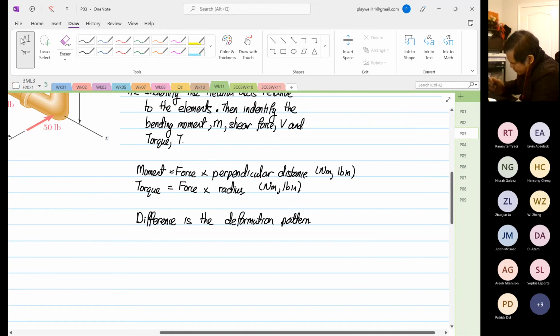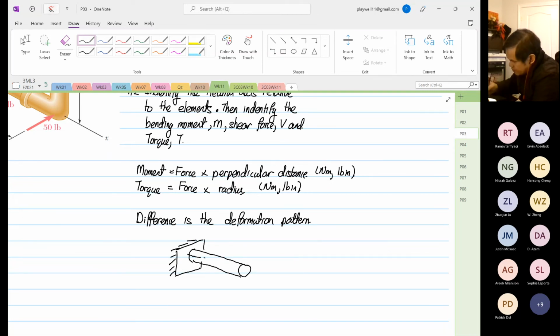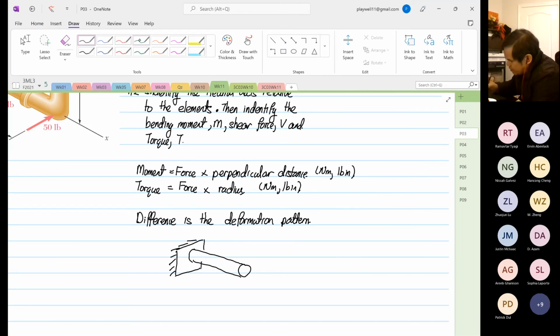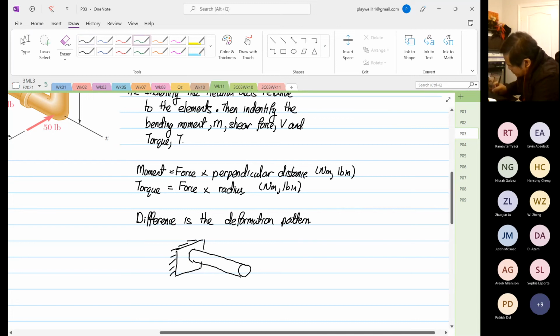If it's bending moment, I'll try to draw this in 3D. So this is our neutral axis.